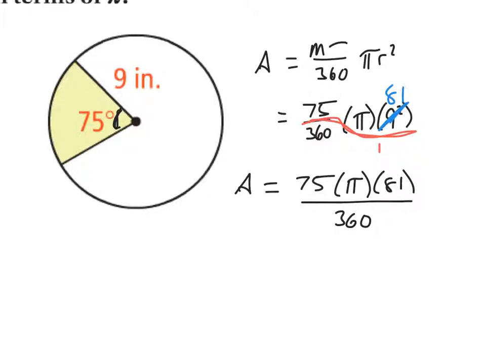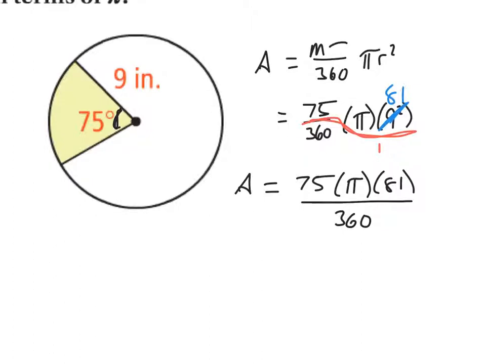Okay? And so I've got to decide, well, looking here, 75 ends in a 5 and 360 ends in a 0, so I know that 5 goes into both of those. I know that 9 goes into 36, and I know that 9 goes into 81, so I can reduce those. We're all probably going to go about this a little bit differently as far as what we reduce first.